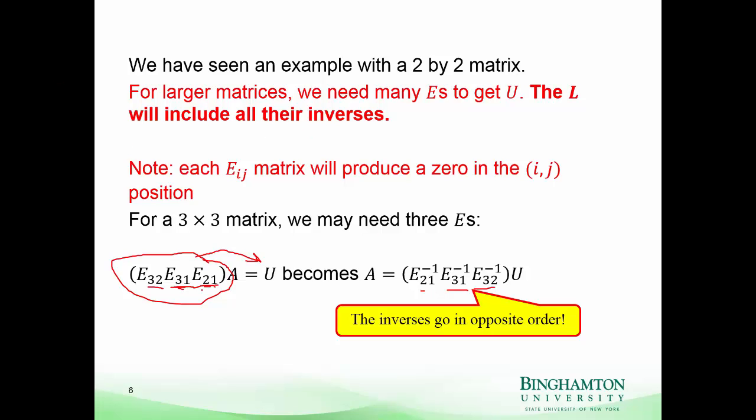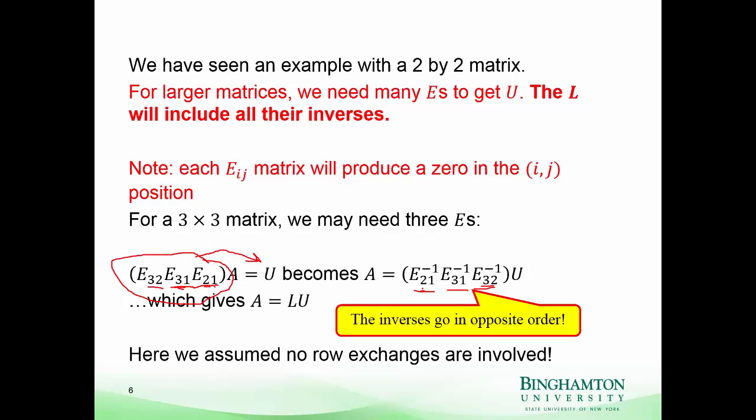So here we applied 2, 1 first, all the way out to 3, 2 last. Well, here we apply the inverse of 3, 2 first, and then the inverse of 2, 1 last. So remember, we put on socks, put on shoes, take off shoes, take off socks. And that gives us A is equal to LU.